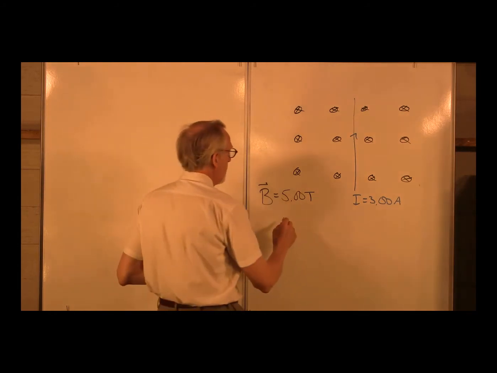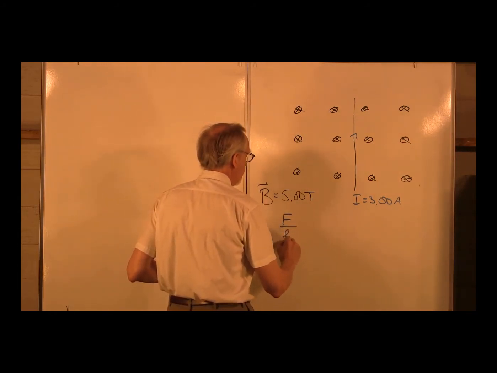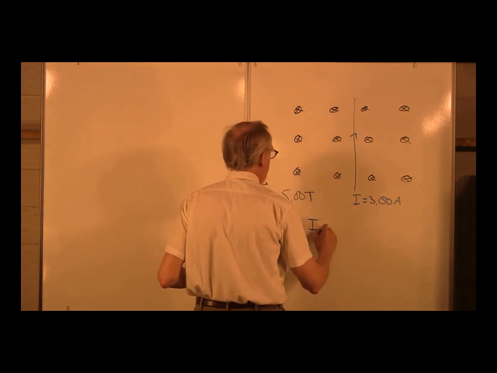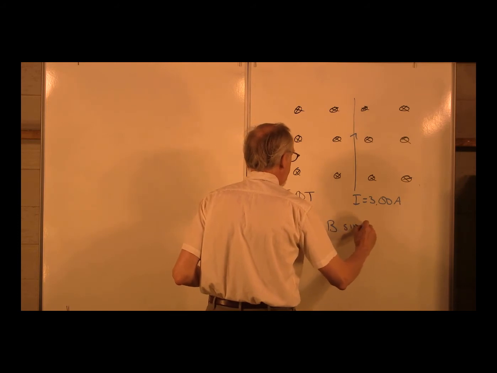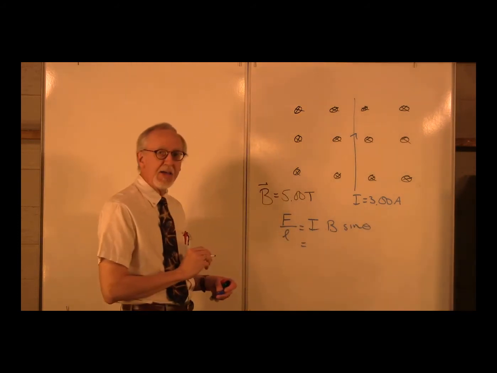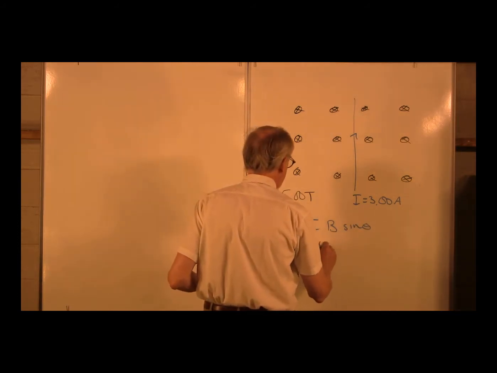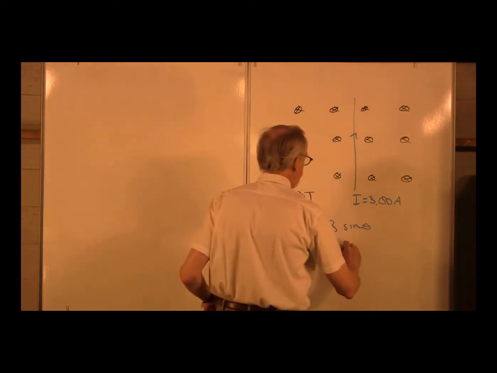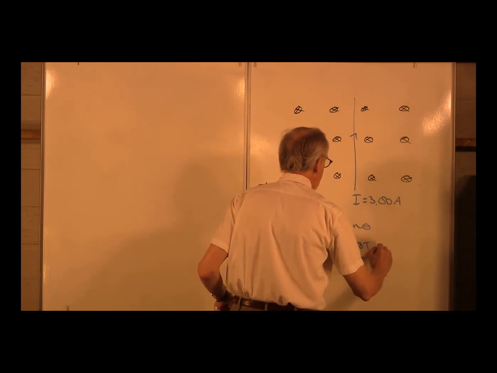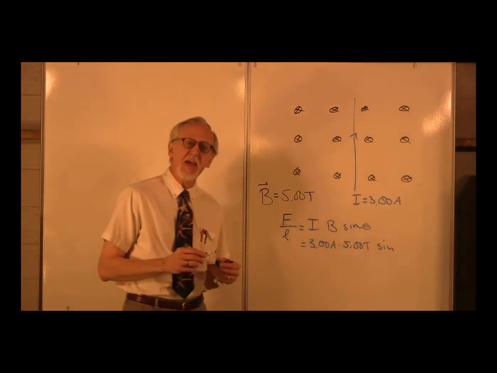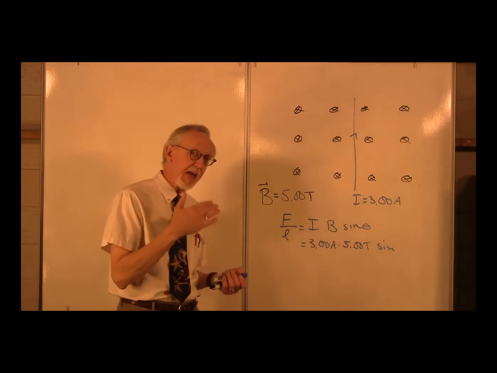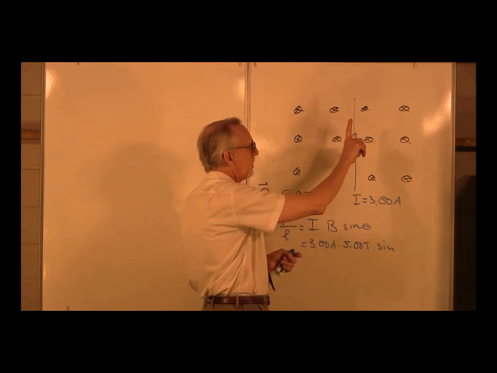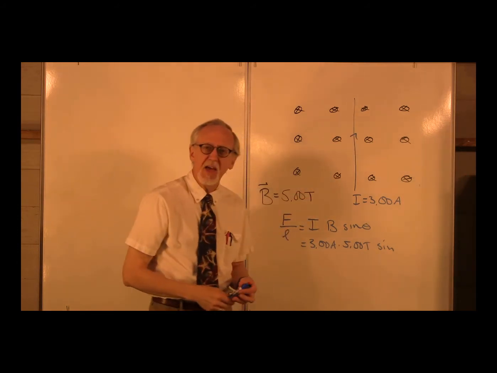What do we have? Remember, the force per length is IB sine theta, which is I is 3 amps, times B, which is 5 Tesla, times sine theta. What is theta? Remember, theta is the angle between I and B. I is this way, B is this way. What's the angle between them?